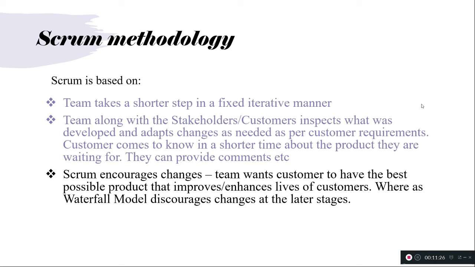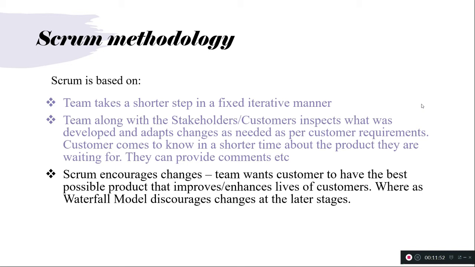If they want to purchase something, they immediately go to the e-commerce website and order. So usability is very important. For the users' convenience, we need to make the changes as quickly as possible and go to the market. Whereas the waterfall model discourages changes at the later stages.